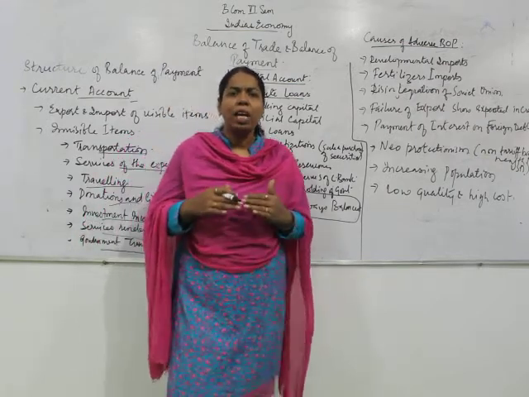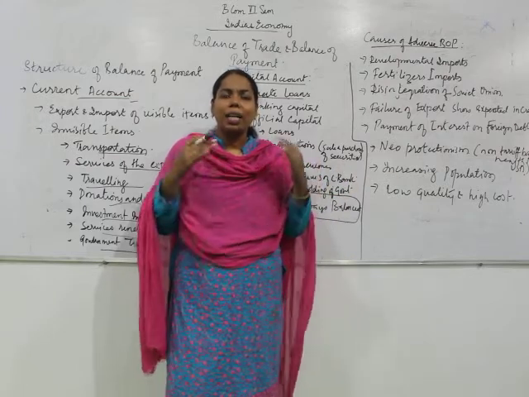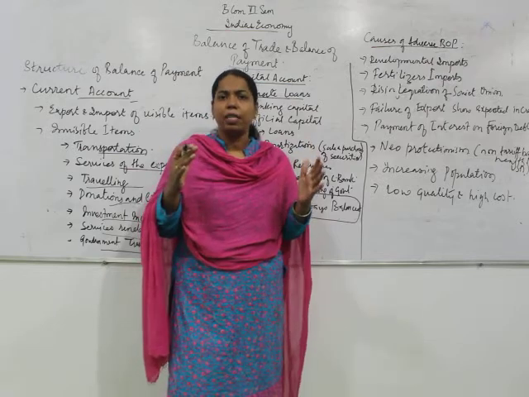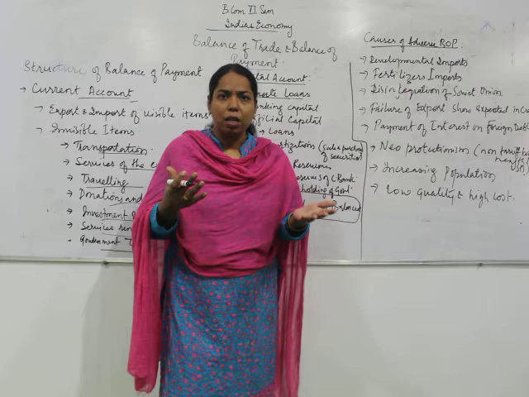We had to purchase them from other countries. That is the developmental imports, and the prices of these capital goods in international markets are high, so we have to make more payments.